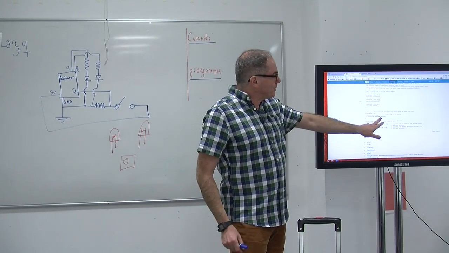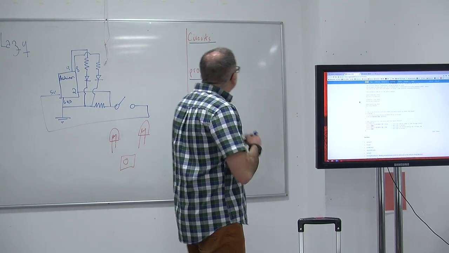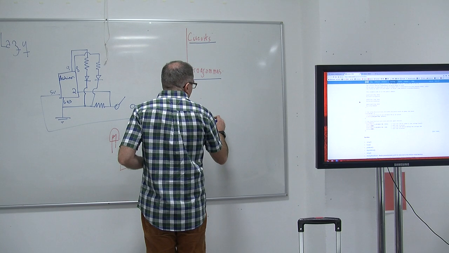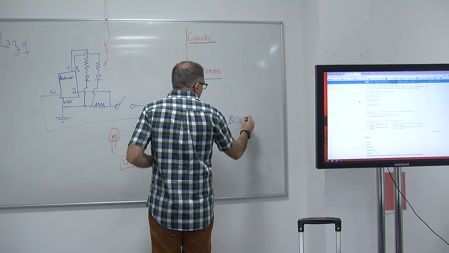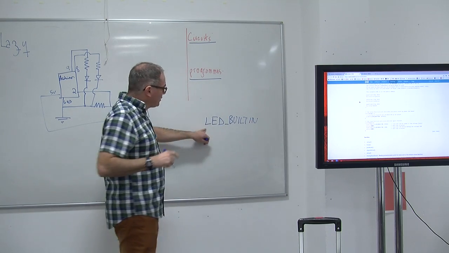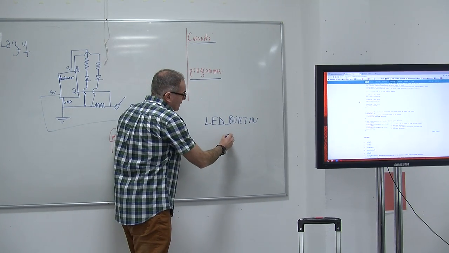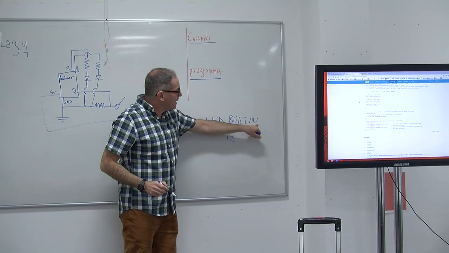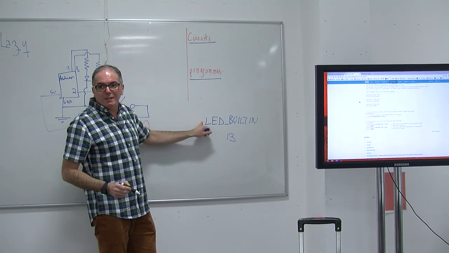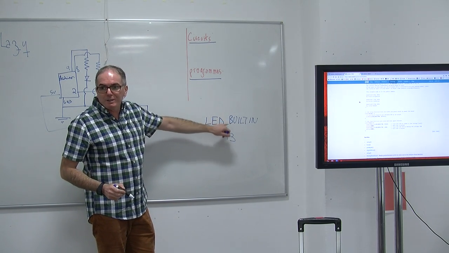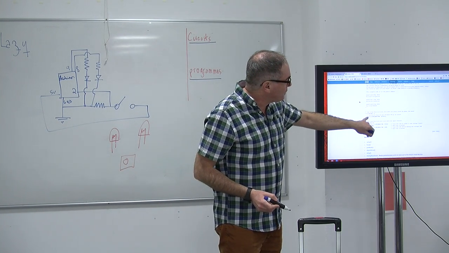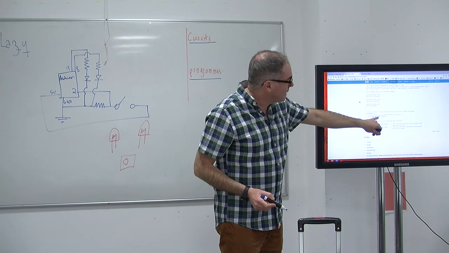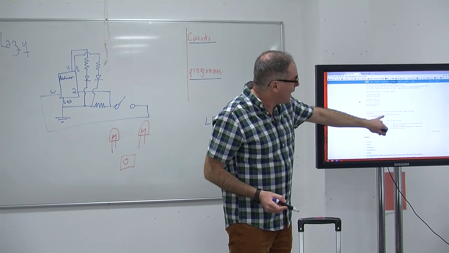There's a setup which is to say, when you have LED built in, that is basically 13. This is a name, this is a variable which is 13. So that's pin 13, but we don't want pin 13, we want another pin. So in the setup, we set up the pin LED built in, which is pin 13, as an output.